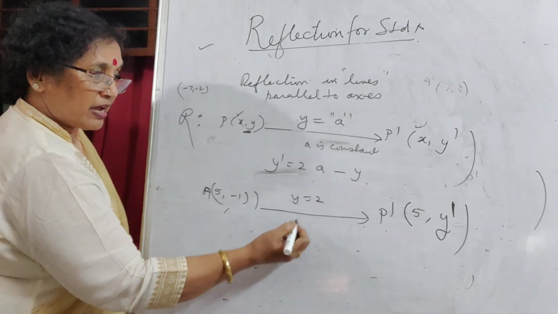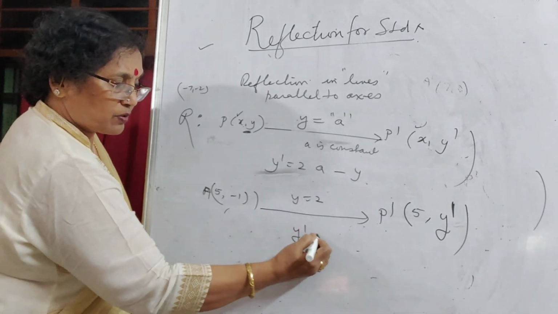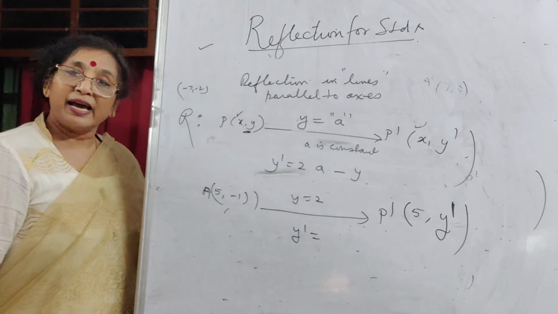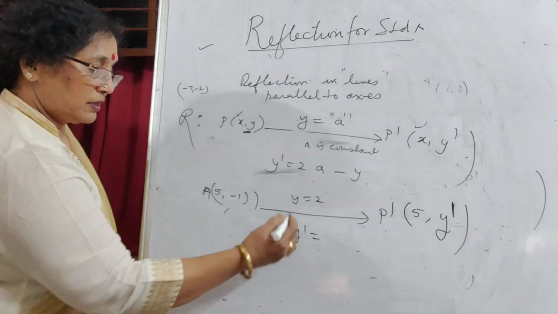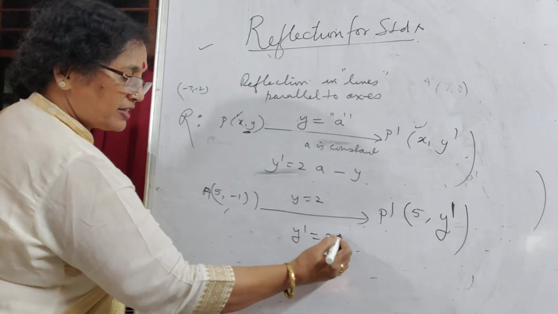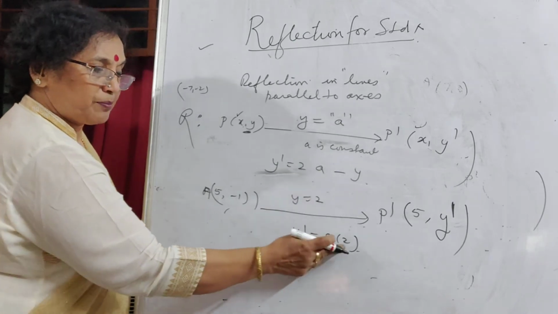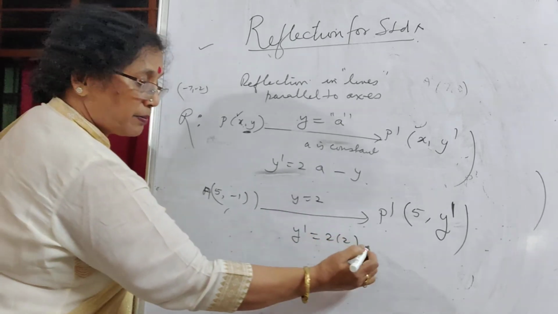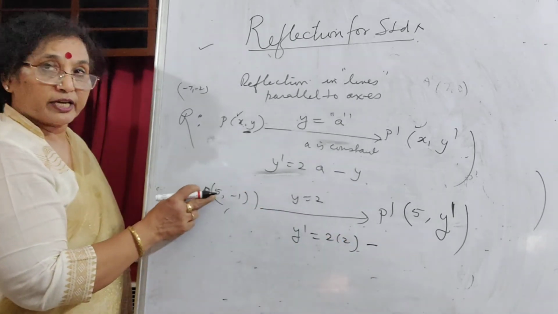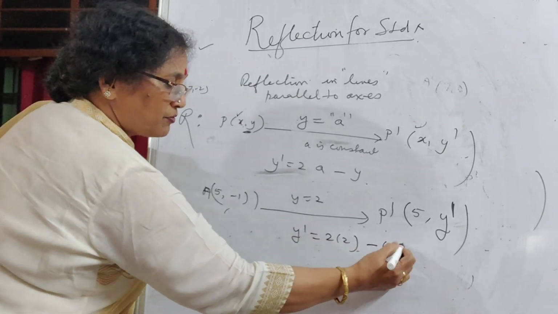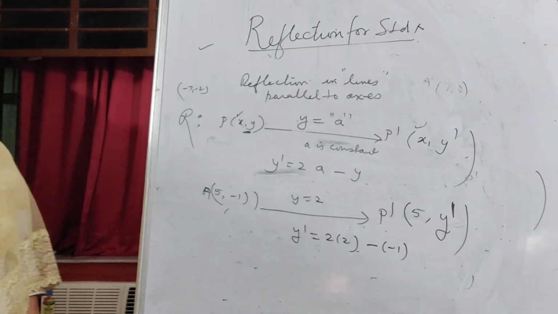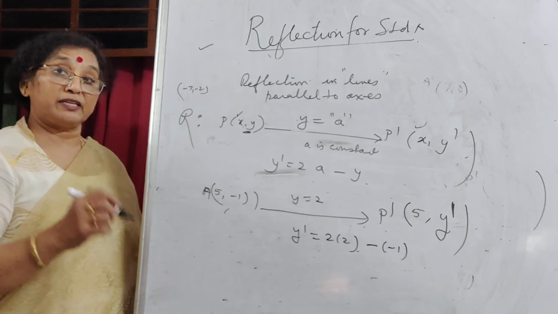Now what is the relation? So y dash equals twice 2. Not positive sign, positive, negative, negative. Minus the y of the object, that is minus of minus 1. Not minus 1, minus of minus 1.